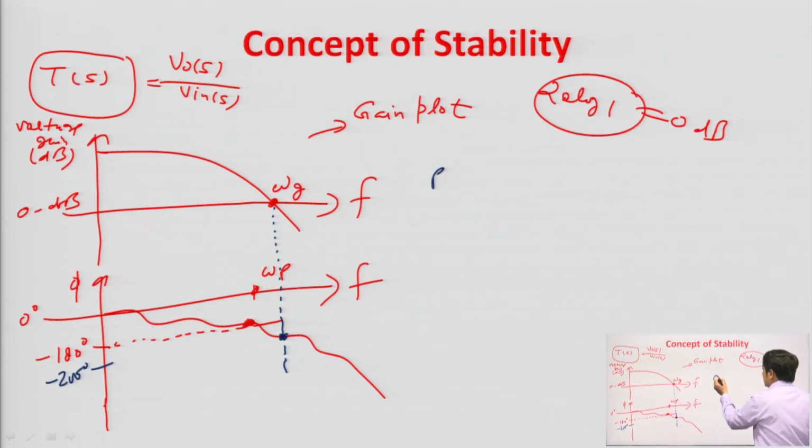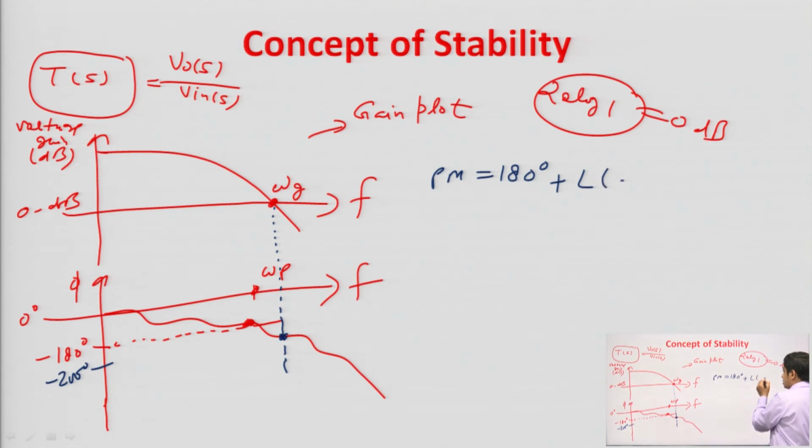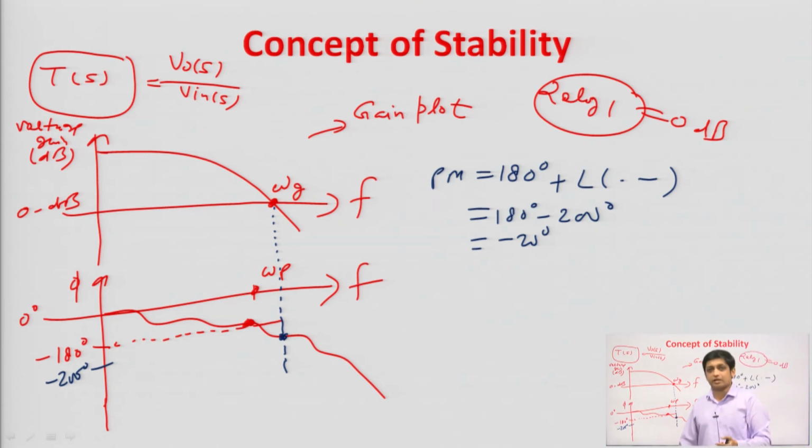Then the phase margin will be equal to 180 degree plus the angle at which this vertical line is cutting the phase plot, and that angle is minus 200 degree. So, the phase margin will be 180 degree minus 200, it will be minus 20 degree. So, the phase margin is negative. If the phase margin is negative, then the circuit, the amplifier will be unstable.